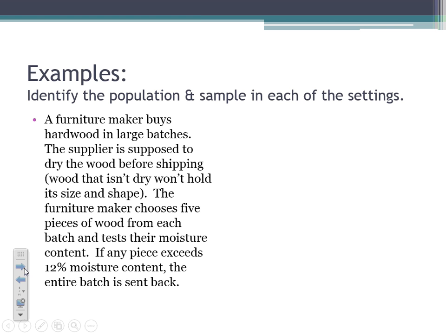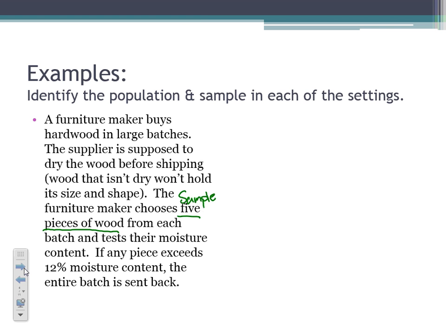The sample is usually really easy to identify. The sample in this problem is those 5 pieces of wood. That would be our sample. It's not the entire shipment of wood. It's just a few pieces selected from that shipment. And then our population in this problem is not all wood that could possibly be used, but simply the batch that we're working from.